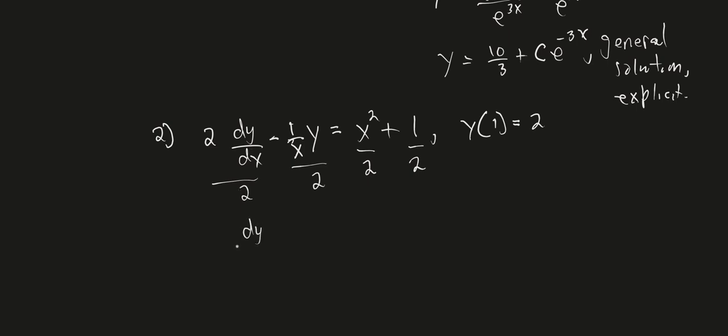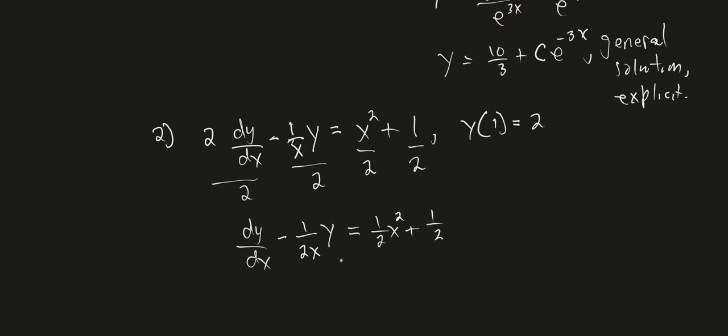So we have dy/dx. Now, dividing negative 1 over x, what I'm going to do is essentially divide the coefficient by 2, bring down that minus sign, and we end up with 1 over 2x times y, and then on this side I have 1/2 x squared plus 1/2.